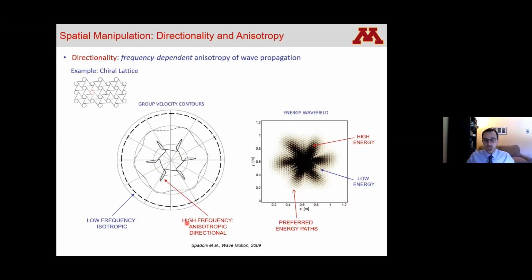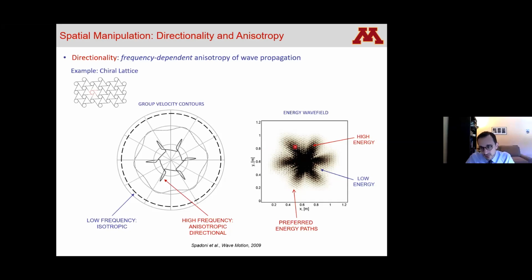So along some channels I would like to direct my energy. And so I have this anisotropic directional behavior, which is frequency dependent. In fact, I can also consider a finite lattice and perform a simulation where I excite a point in the middle of the domain, let the wave propagate, and then take a snapshot of the wave field.